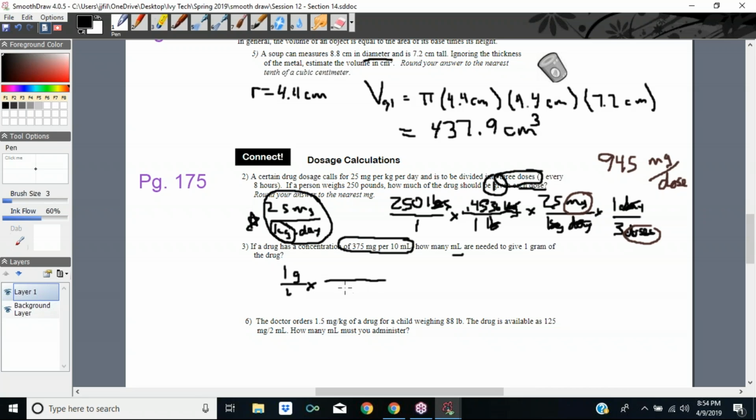We want to get rid of grams and get into milligrams. So 1 gram is 1,000 milligrams. And now we can do our milligrams. There's what we're looking for. Milligrams per 10 milliliters. So we want to have 10 milliliters.